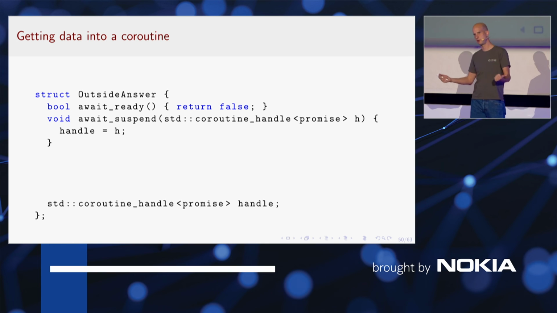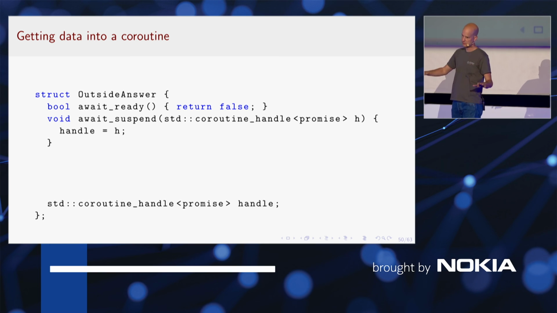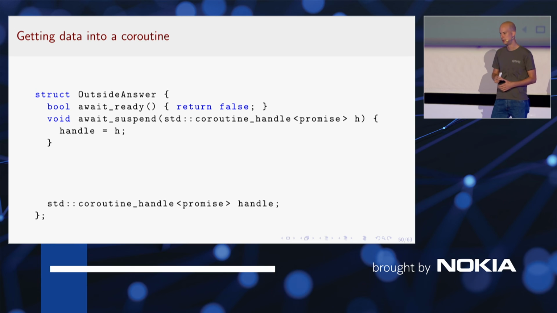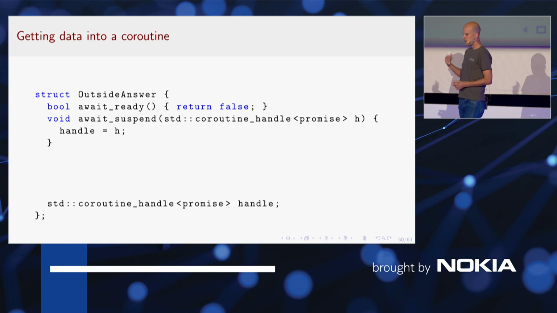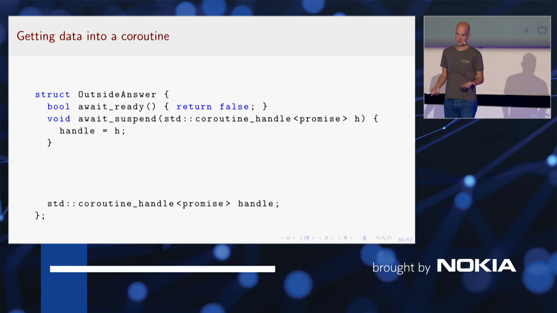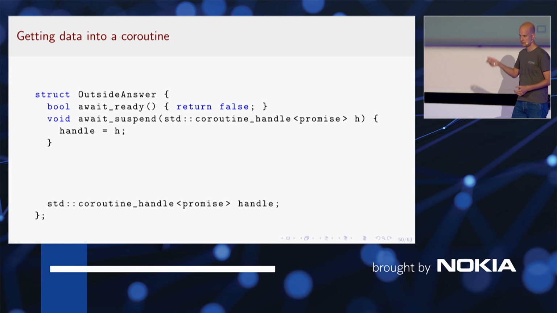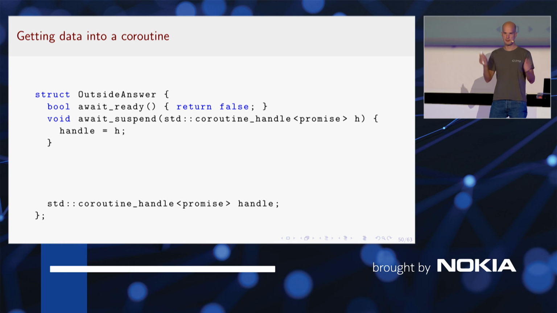I actually want to go to sleep because I need to suspend until the caller has provided me the data that I'm waiting for. In the await_suspend, I cannot really do anything because the caller has not executed that yet, right? I'm still about to go into suspension, so there's nothing that I can do there.